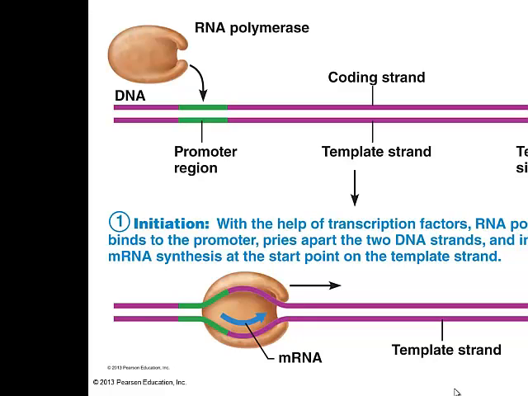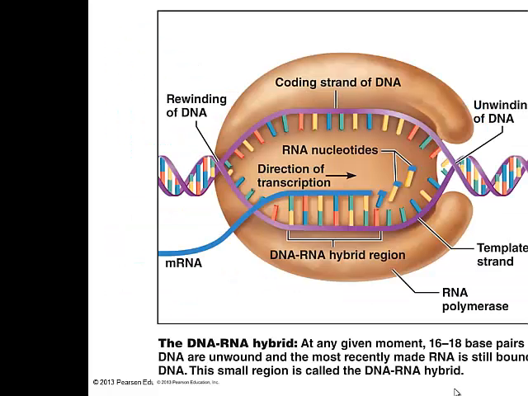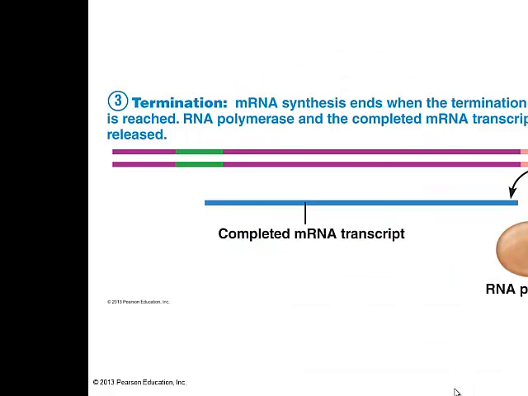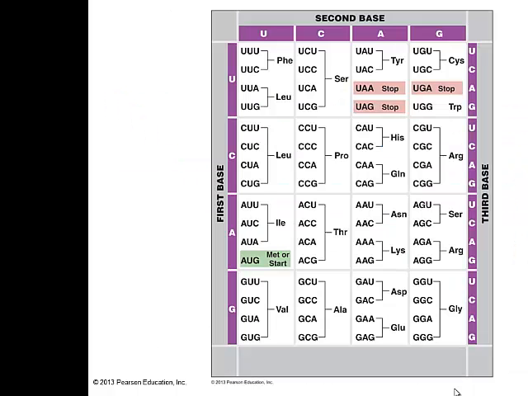Translate. The messenger RNA that I've created, a copy of the information from DNA, is going to leave the nucleus. And where's it going to go? It's going to go out to the endoplasmic reticulum and hang on a ribosome.